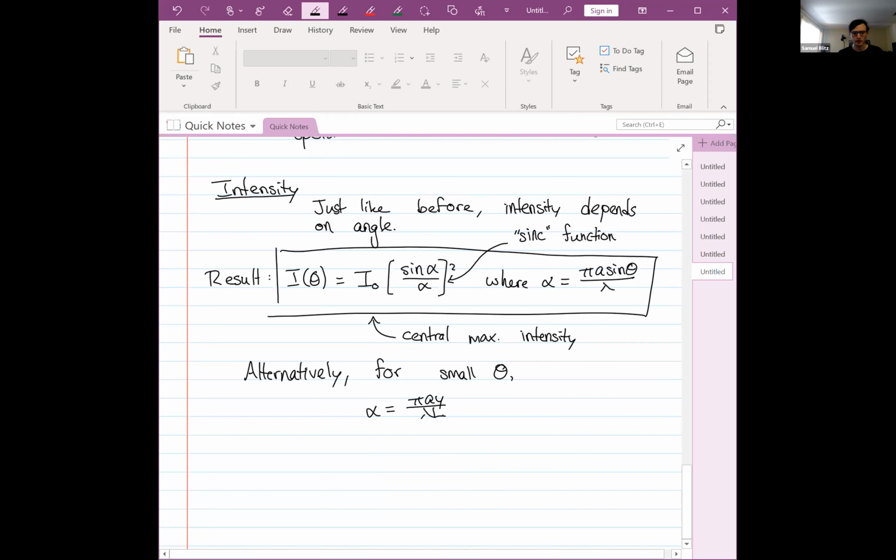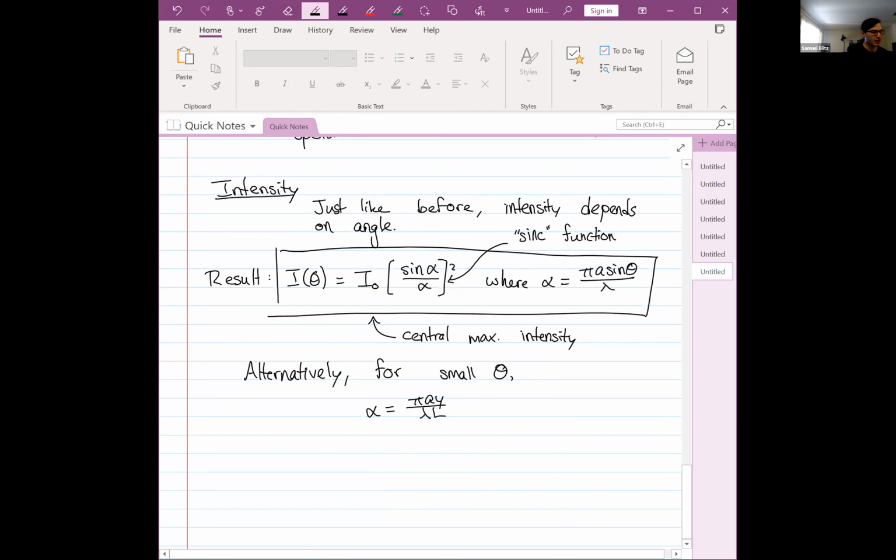It's using the same approximation: if the angle is small, then sine of theta is approximately equal to tangent of theta, and tangent of theta is y divided by L. So both of these equations will be useful. Obviously, the one in the box is technically more correct because you're not making an additional approximation, but they both involve approximations. Depending on the situation, one will be more useful than the other.